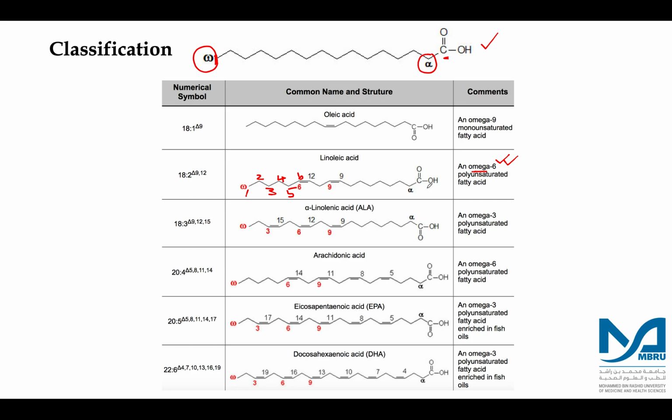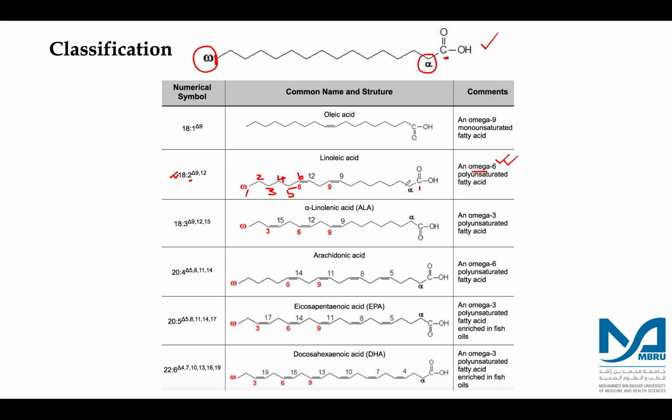If I want to have this particular structure represented in the form of a numerical symbol, then I have to consider the counting from the alpha end. So this is linoleic acid, which consists of 18 carbons. So this is an 18 carbon containing fatty acid, so 18. Then there are two unsaturations, so I write 18:2, and the position of the unsaturation now has to be classified from the alpha end.